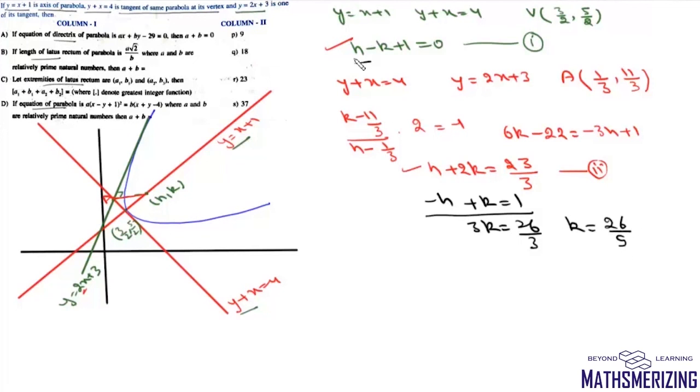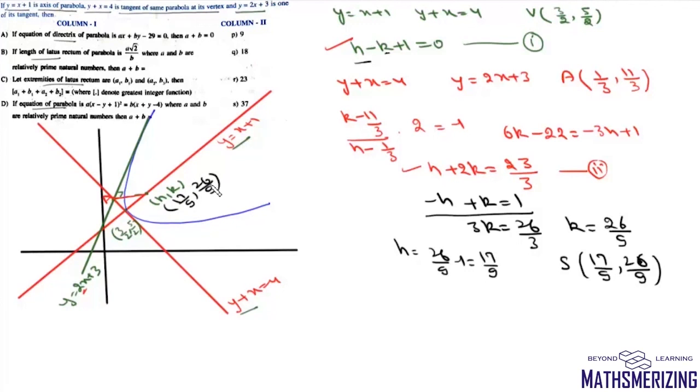If we put the value of k in this equation, we'll get h as 26 by 9 minus 1, which is 17 by 9. So the focus of this parabola is at (17/9, 26/9).